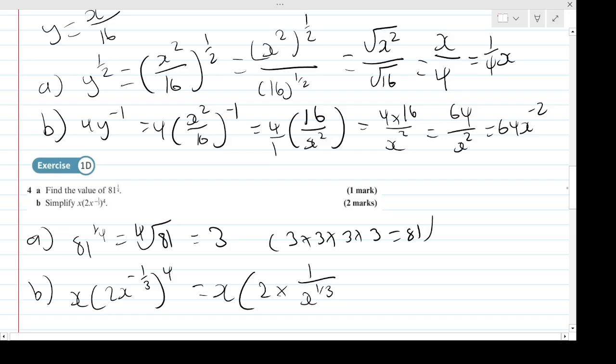So we literally took the negative out by doing the reciprocal. And the whole fraction itself isn't a negative, because the negative index only applies to the x.